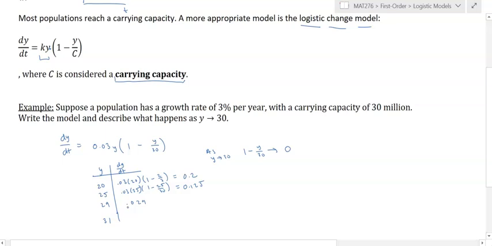Here I'd have 1 minus 31 over 30, and 30 over 30 minus 31 over 30 is negative 1/30th, and so now I actually get a value of negative 0.031.